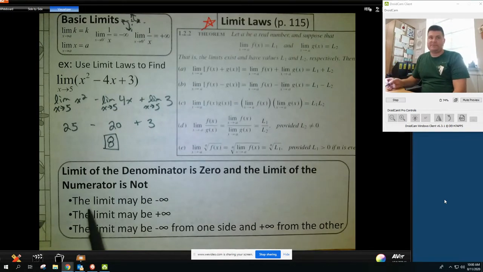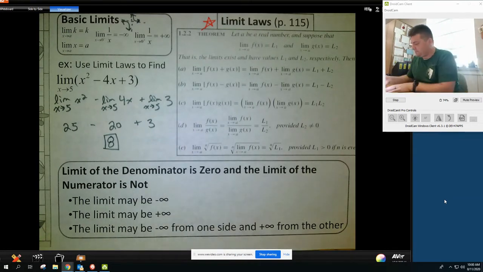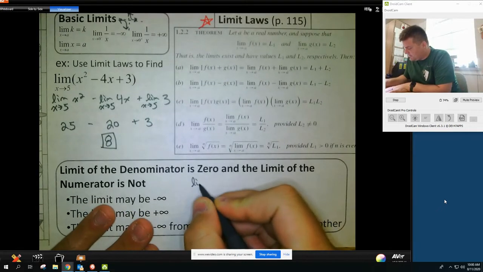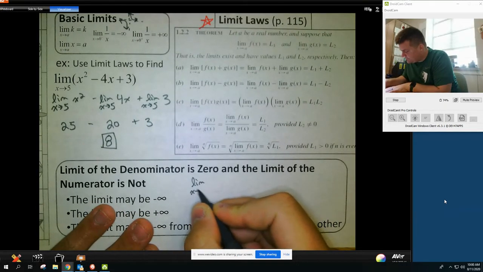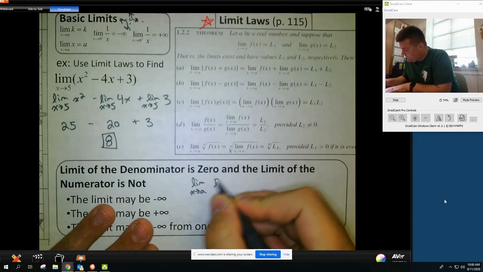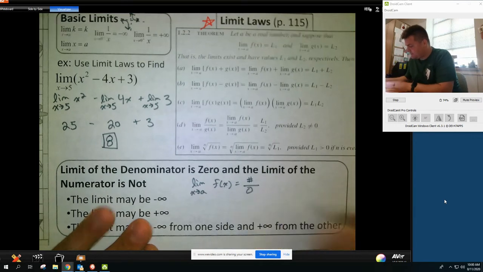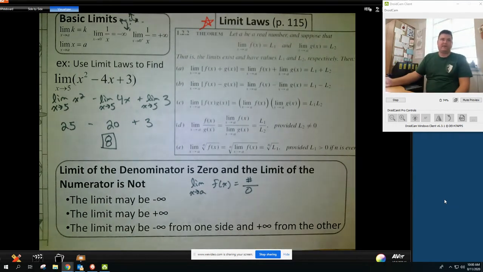Hey, what if this ever happens? The denominator is 0, and the top is not. For example, if you have the limit as x approaches a of a function, and you just get some number on top over 0, then this is what we're talking about.